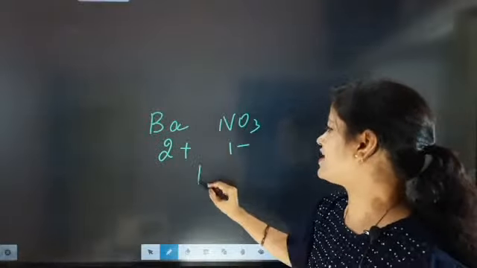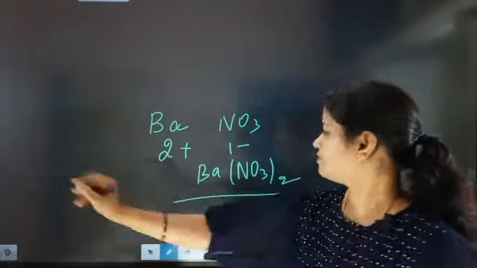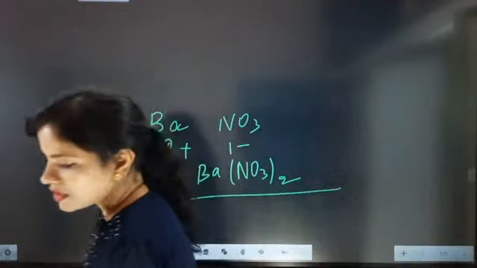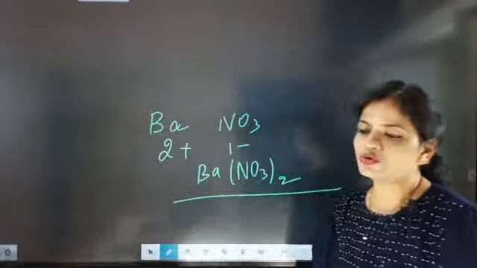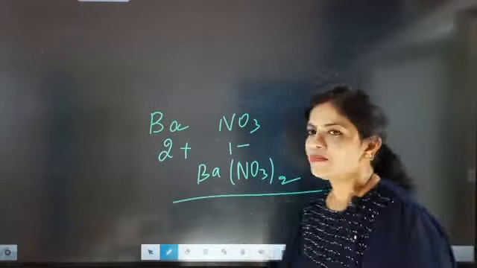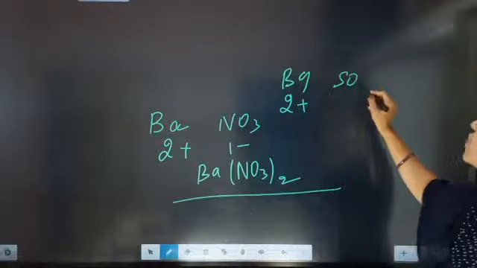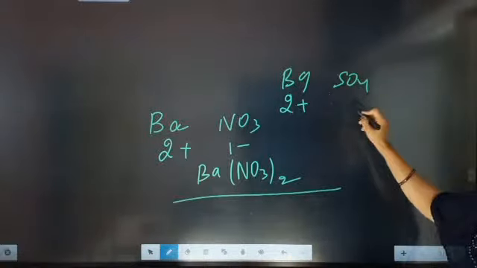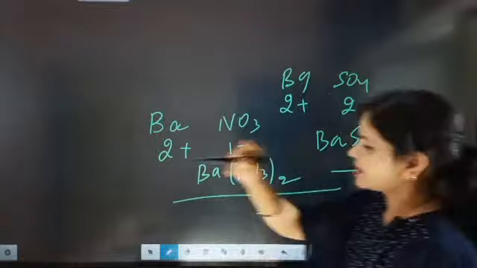So Ba will take that: Ba(NO3)2, barium nitrate. Barium sulfate: Ba 2 plus, SO4 2 minus, so the ratio will come BaSO4. That's it.